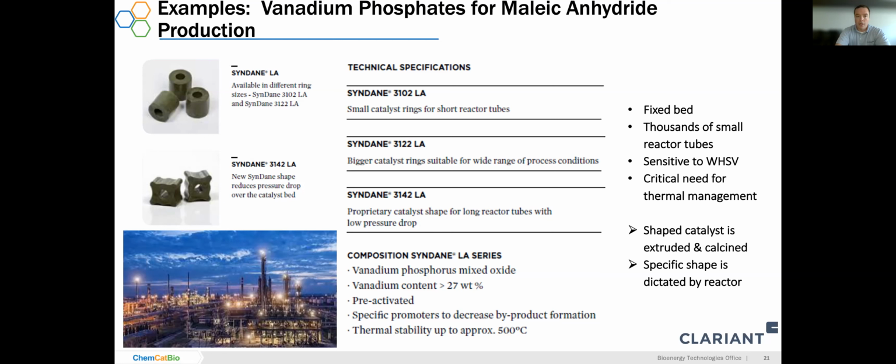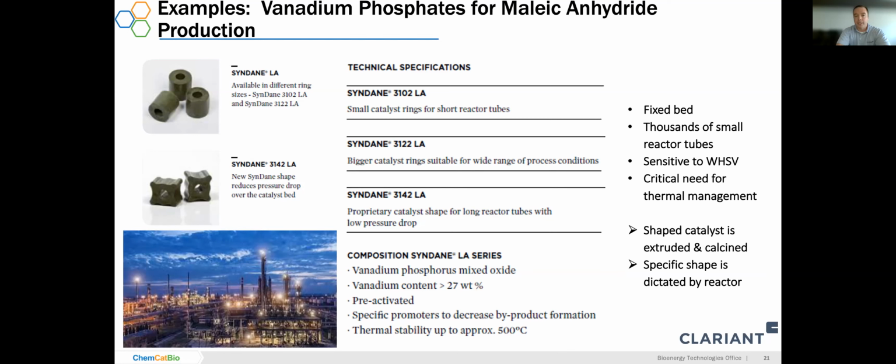And so in this specific application, it's a fixed bed configuration, but we have thousands of small reactor tubes in parallel because this is a very exothermic reaction, and without controlling that thermal profile, you can quickly get runaway.